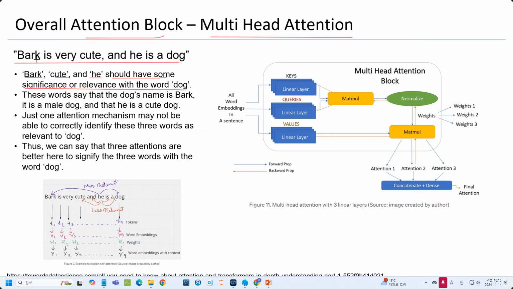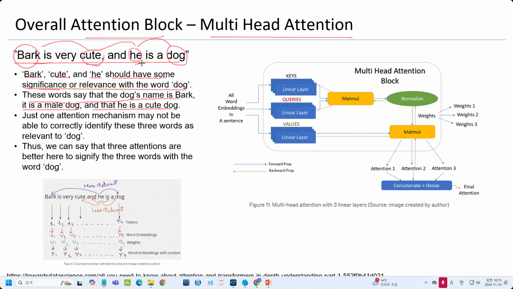Not only one, but there might be several words of the same importance, and we want to find whether they are significant or not. These words say that the dog's name is Bob, it is a male dog, and that he is a cute dog. So those words have a high relevancy.